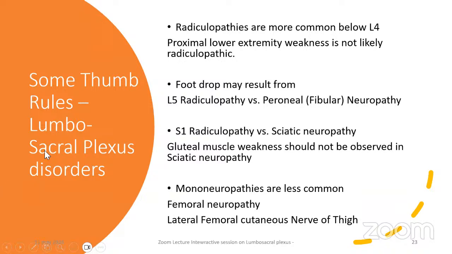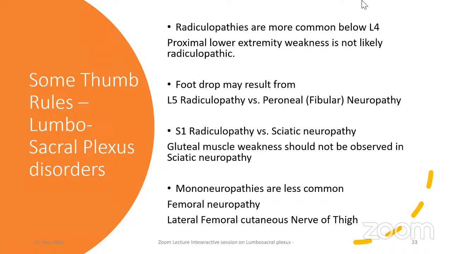So radiculopathies, and see, most important in the lower limb is foot drop. Foot drop is more common below L4. Proximal lower extremity weakness is not usually due to radiculopathy.